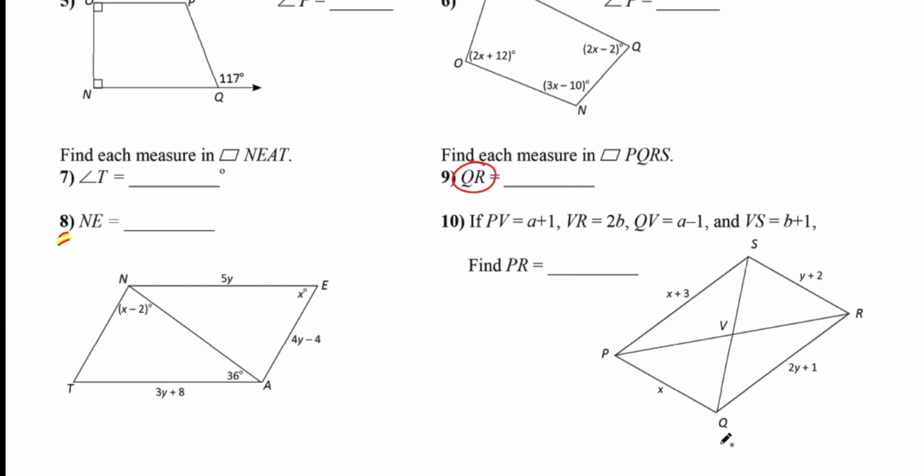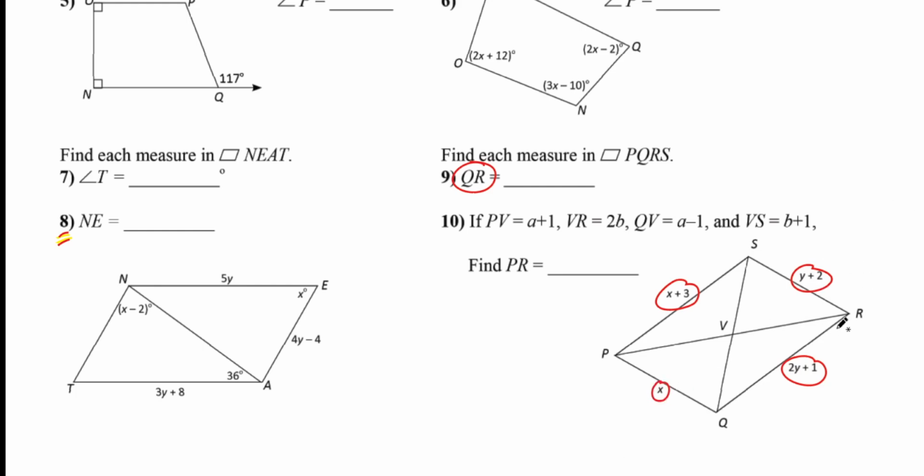let's do this. QR. How in the world would you find QR? Well, you would set this one and this one equal to each other. The one that you're looking at right now on this quiz is more difficult than the one on the test. The one on the test is easier. All right, you're going to have something kind of like this. Yeah, it looks almost identical, except you're going to have x's here. So you just set them equal, you solve for x. And then you're going to have a y here and a y here.